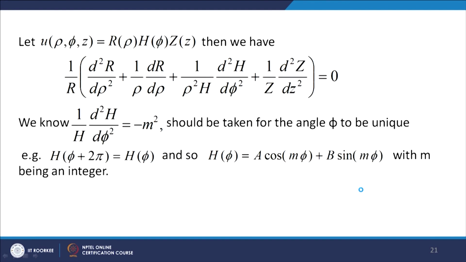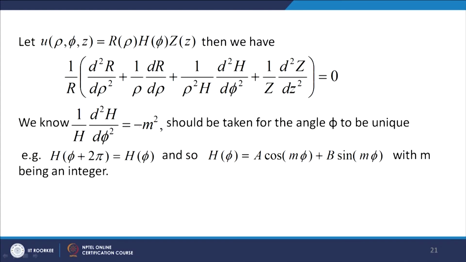Now let us consider u(rho, phi, z) equal to R(rho) H(phi) Z(z), then we have this equation. We know that 1 over H d square H by d phi square is equal to minus m square, because if you take plus m square you get e to the power m phi and e to the power minus m phi, where we notice that H(phi plus 2 pi) is not equal to H(phi).